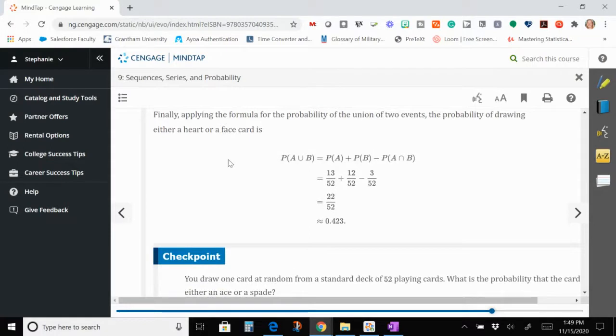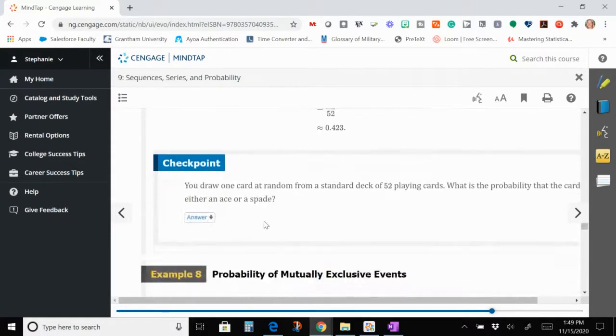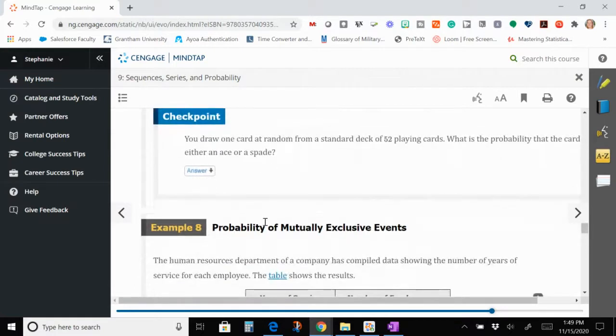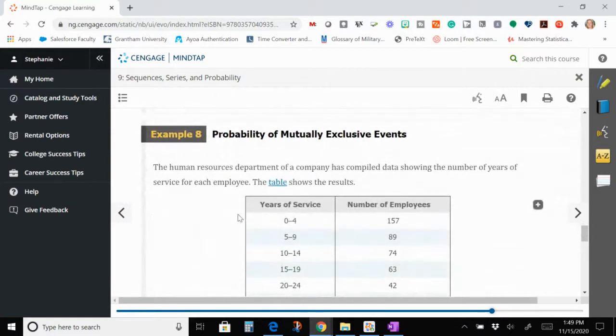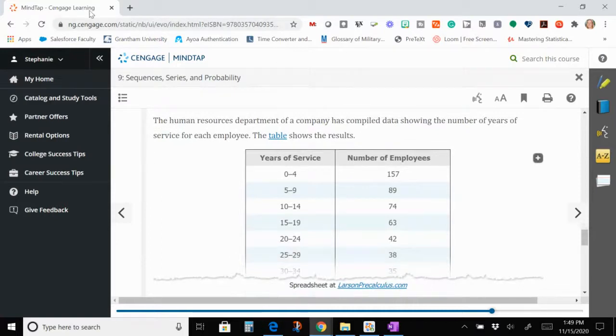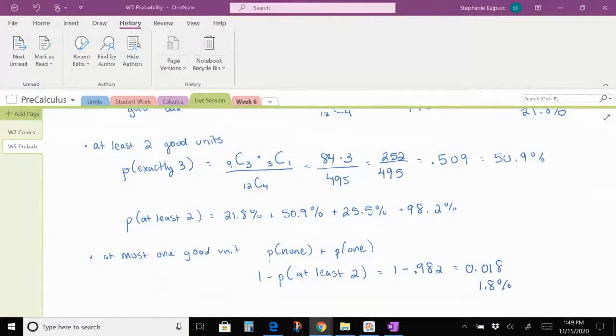But I don't think there are any questions like that, because that does get a little bit more complicated. So yeah, that's mutually exclusive, or things that are not mutually exclusive where there's some overlap. It's just, do they have anything in common? And I think pretty much everything is mutually exclusive on the homework. There's not anything where you have to worry about overlap.